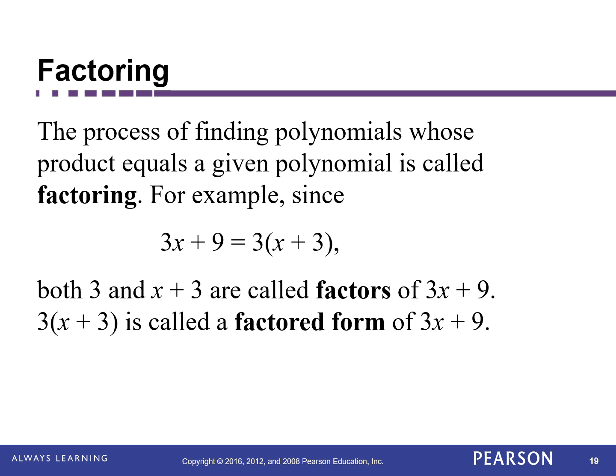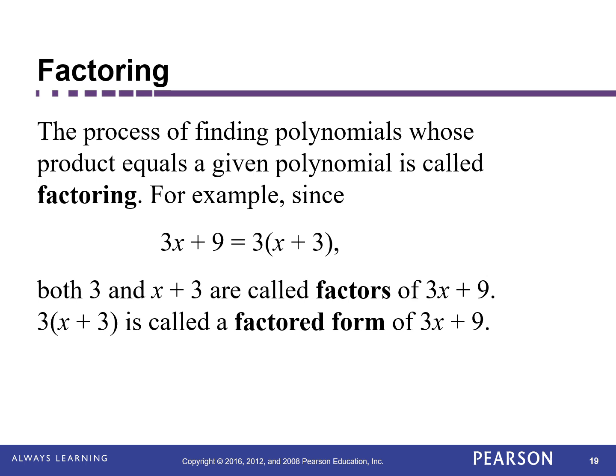Okay, easy enough. Now, it gets a little more difficult in the factoring process, but we're going to take it piece by piece, easy problems to harder problems. So the process of finding polynomials whose product equals a given polynomial is called factoring.